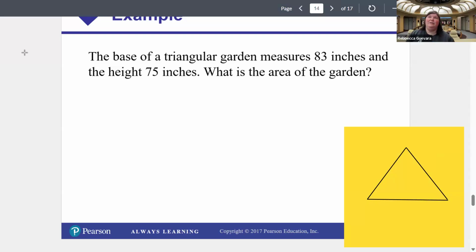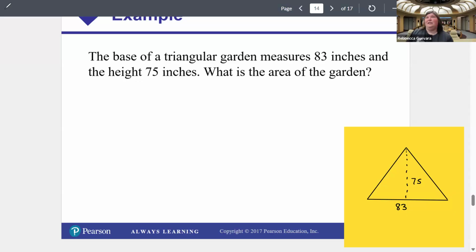It's a nice triangle. We know that the base of the garden, the side on the bottom, is going to be 83 inches. And we know the height, which goes from the base to the opposite vertex. This is going to be the height, and we know that this height here is going to be 75.